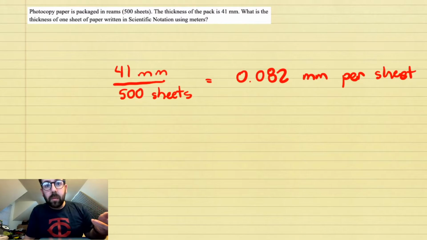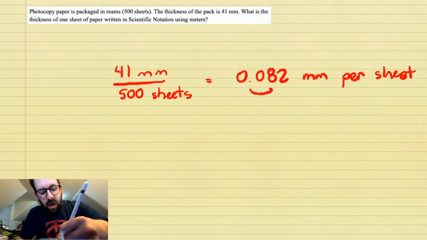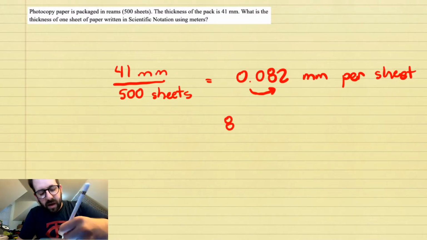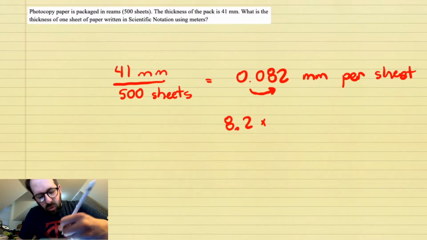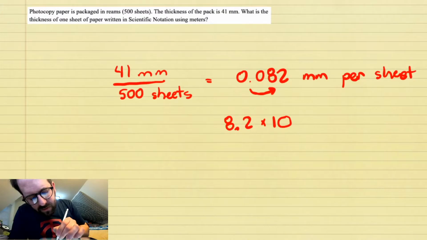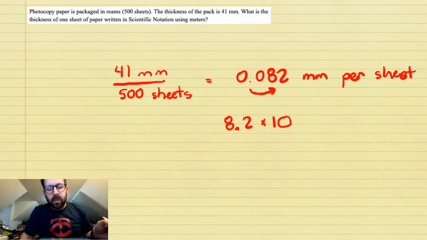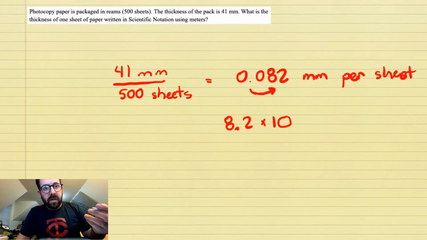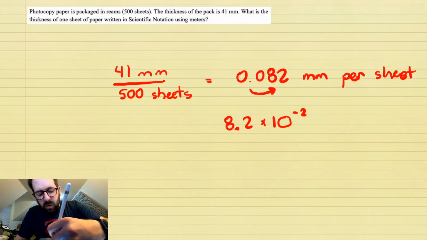If we change this to scientific notation, you move the decimal over 2 spots, because I always want it behind the first number on the left side. So this is 8.2, and then we put it times 10. If it'll allow me to write that 10. I find it so weird that there are areas where it won't let me write. So 8.2 times 10, and now we moved it 2 spots, so we're going to put a 2, and now it's a negative.